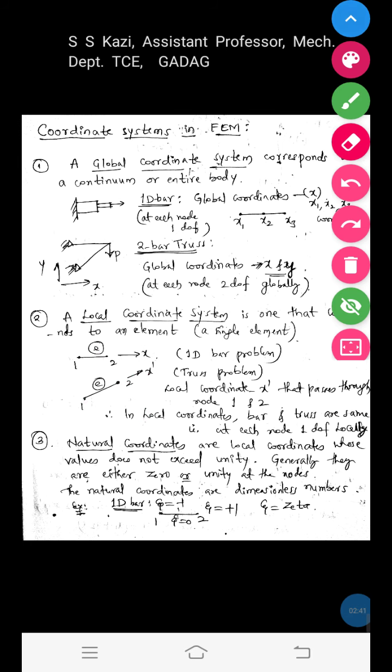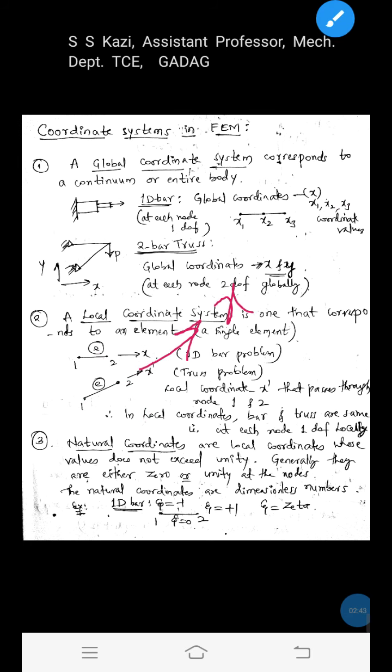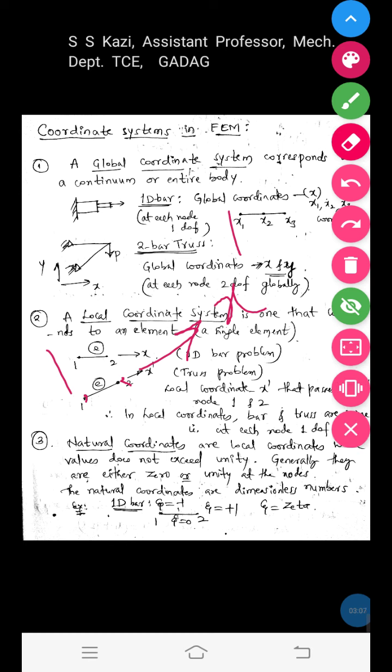Let us say the local coordinate for this truss problem is x dash. That means at each node of a truss problem, the local coordinate is x dash, and each node has 1 degree of freedom locally. This is what the local coordinate systems are.